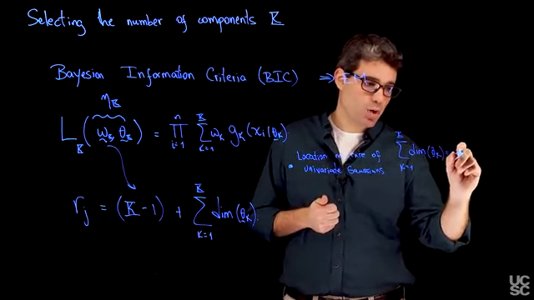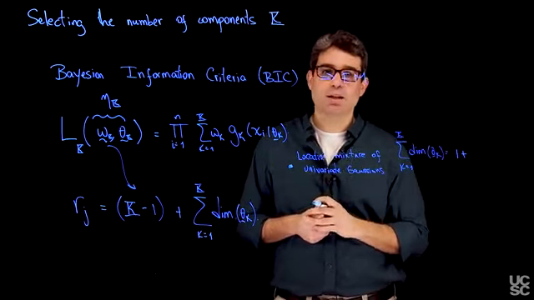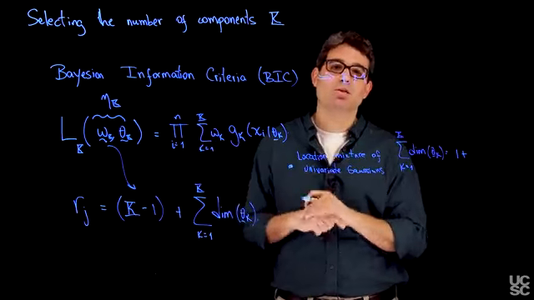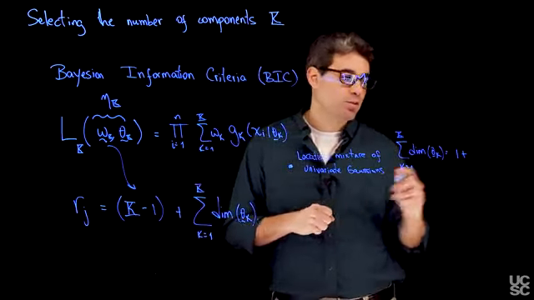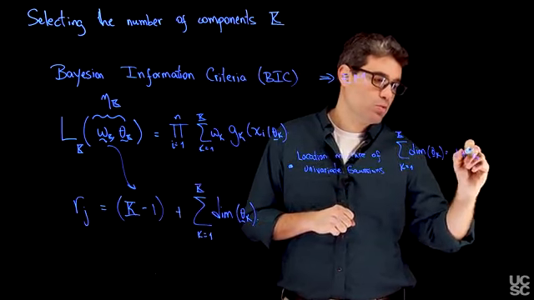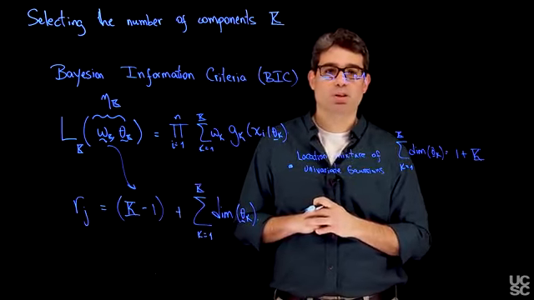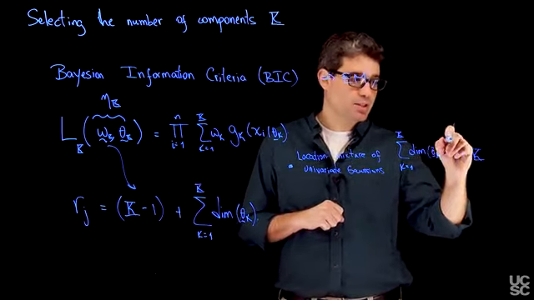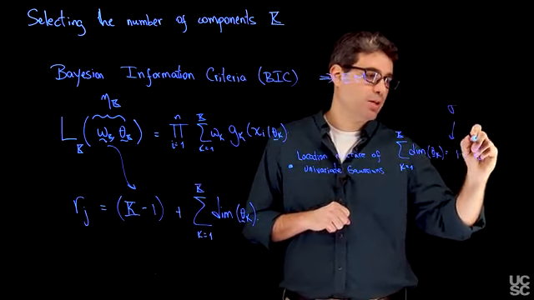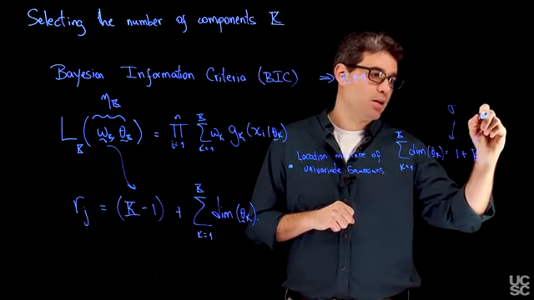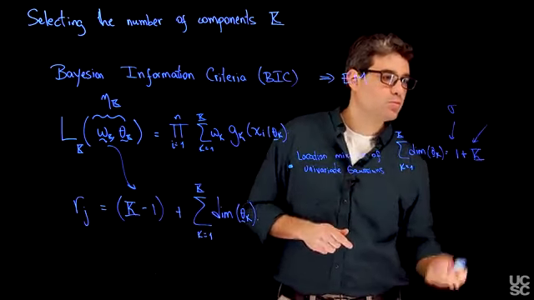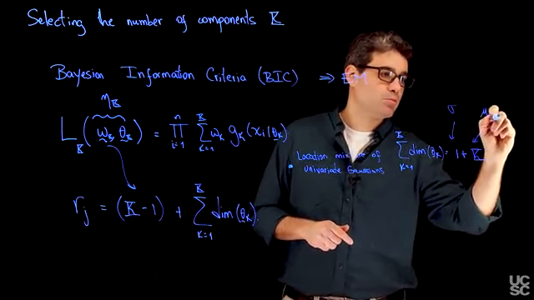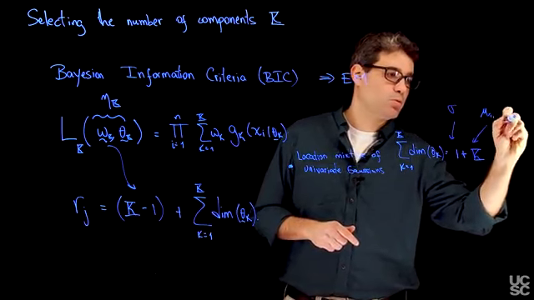So you're going to have one parameter from there. And then each Gaussian kernel that you're including in the mixture give you capital K means that you need to include. So you have plus capital K. This is essentially sigma, and this is essentially mu1 up to mu capital K.